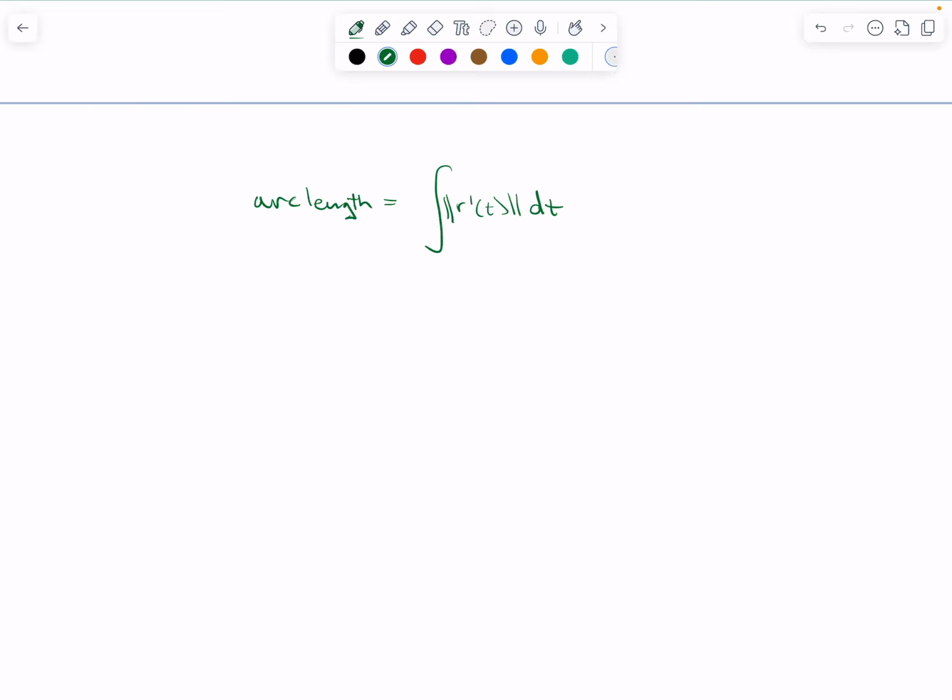So, this is a little bit hard to quite get, but think of it this way: you've got this thing here, and that thing is the speed that you're moving.